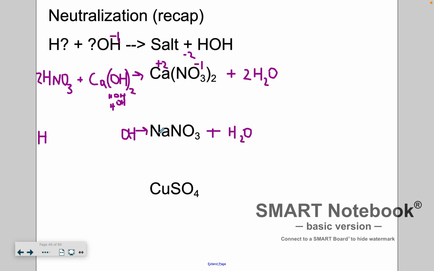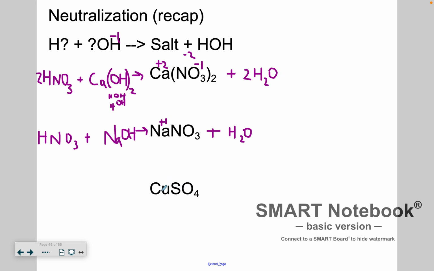Is it going to bond with the sodium that has a +1, or the NO3, which has a -1? It's going to bond with the NO3 with the -1. So my cation, sodium, that has a +1, is going to bind with the hydroxide that has a -1. There, that one was easy.